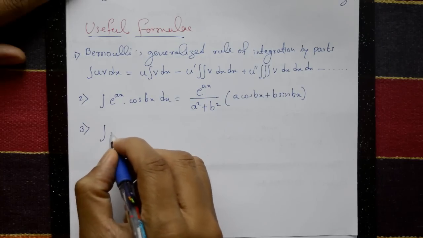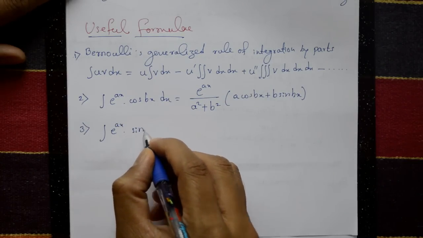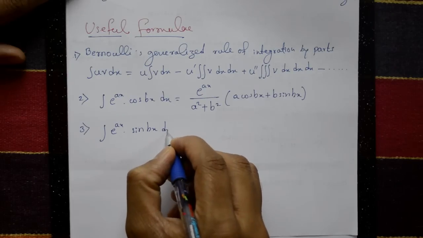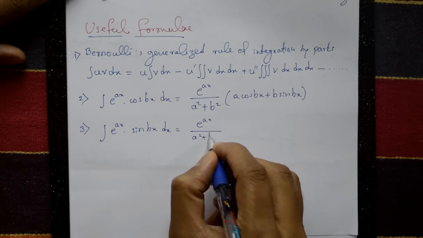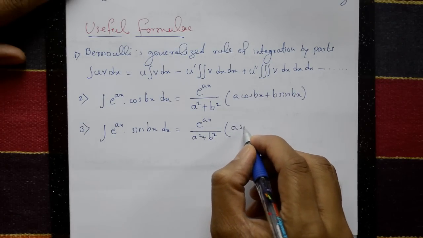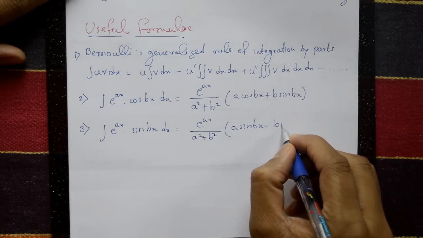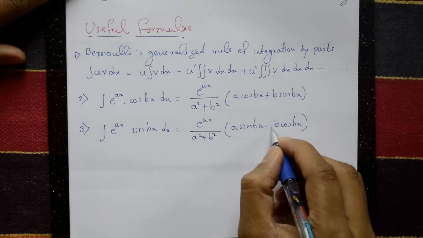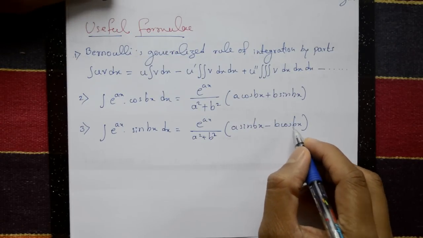Next one, integration of e raised to ax into sin bx with respect to x is e raised to ax upon a square plus b square, into a sin bx minus b cos bx. So minus b cos bx, because the integration of sine is minus cos.